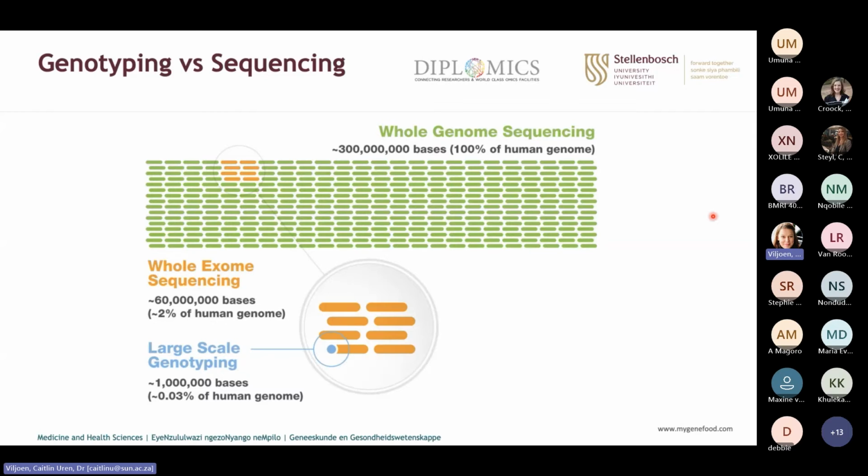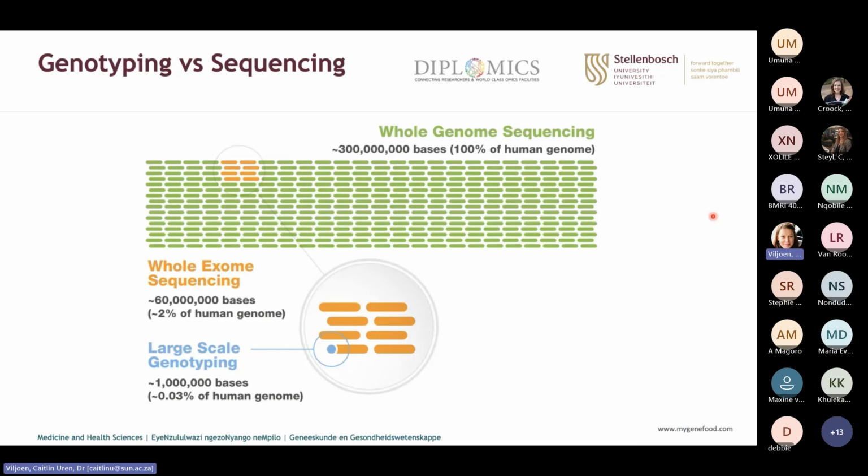And a snapshot of this: all the protein coding portions of the genome, if you would sequence those, that's whole exome sequencing. That's about 60,000 bases, depending on how diverse the exome is, and that's only about 2% of the human genome. So you're only getting a very, very small fraction of the genome in that information.